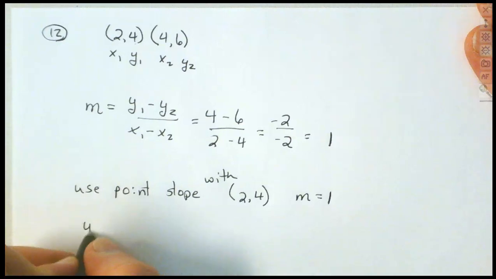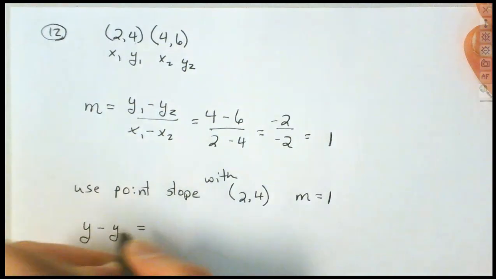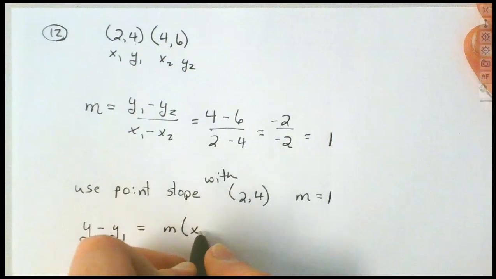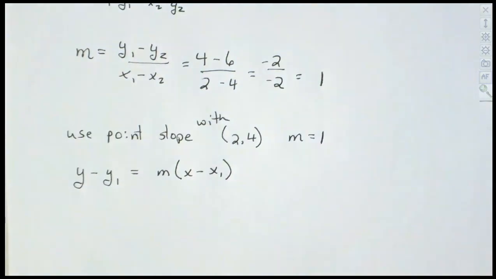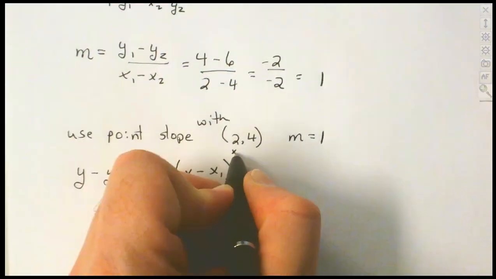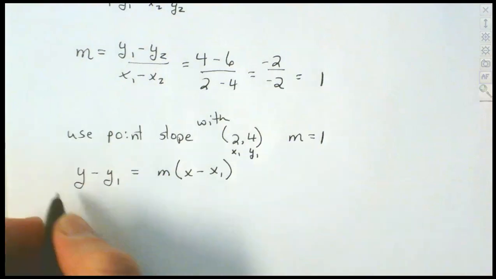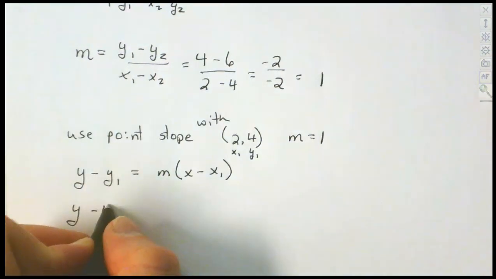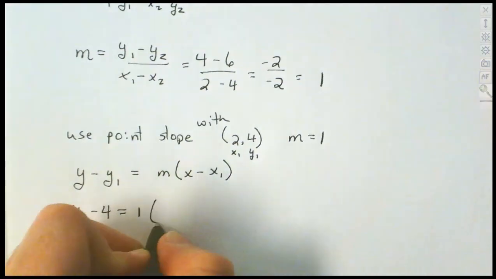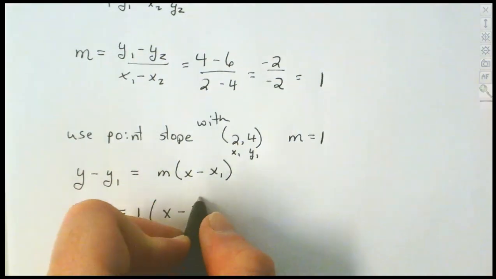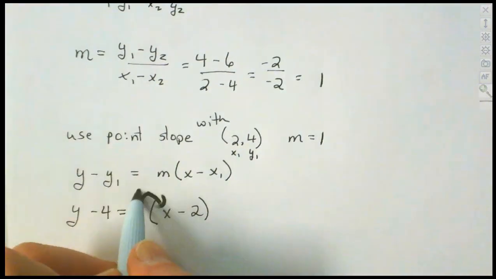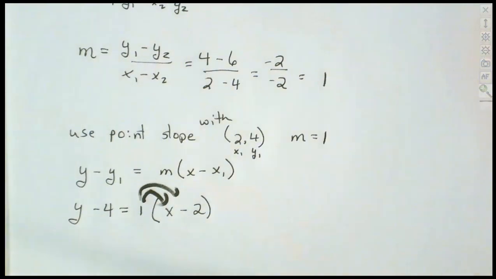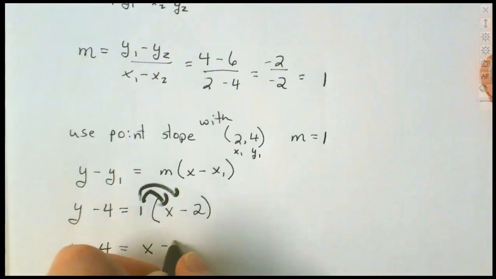And we're going to use that formula, y minus y1 equals m times x minus x1 with our point and our slope. And again, x1, y1, we fill it in. So that's y minus 4 equals 1 times x minus 2. We distribute through. And that leaves me then with y minus 4 equals x minus 2.